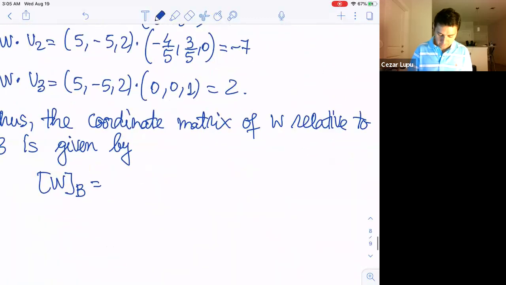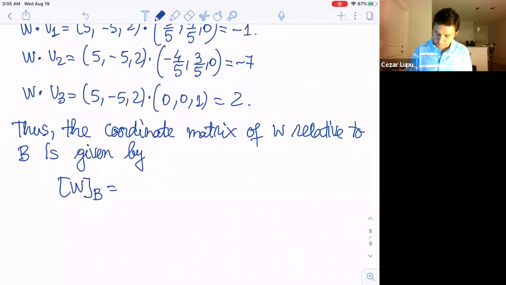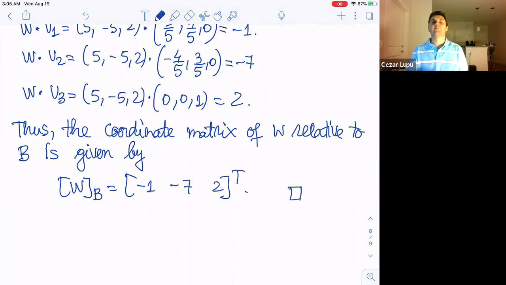So it's (-1, -7, 2) transpose, and that's it. Anyway, it was pretty standard. The only thing we needed to apply was just the theorem, basically.